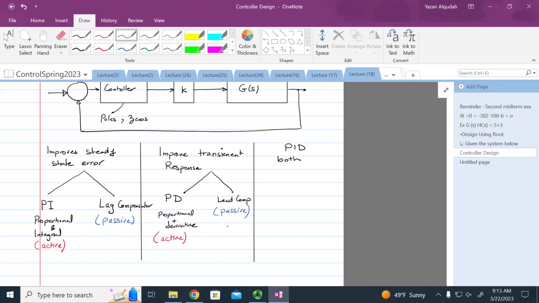Make sense? For an active circuit, I need a power source. Who can give me an active circuit that you've seen in the lab? Op amp. Excellent. If I build a circuit with an op amp and there's no power source, the circuit's not going to work. So that is an active circuit. Make sense?